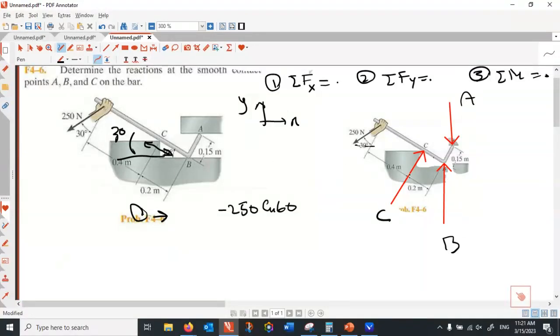So if this is 30 degrees and I want to project this one, that is C. Again, this is plus C cos 60 equal to 0.